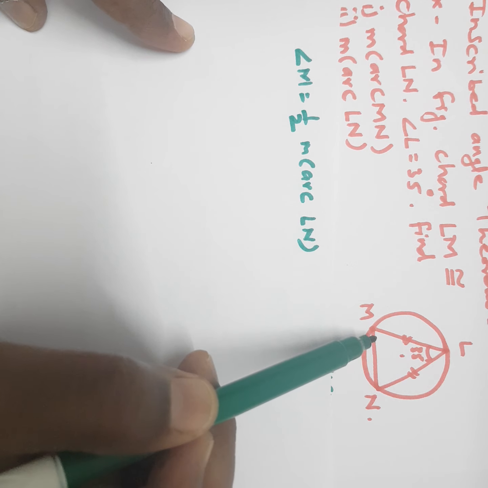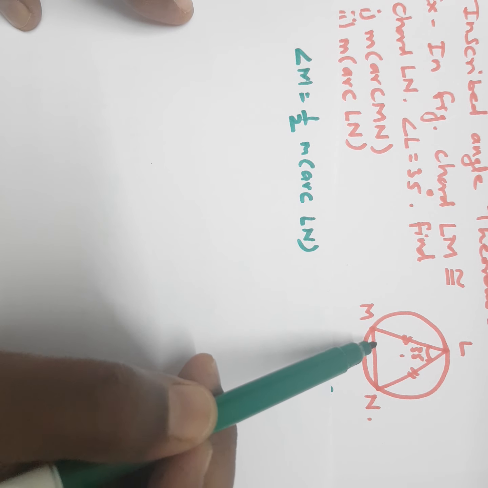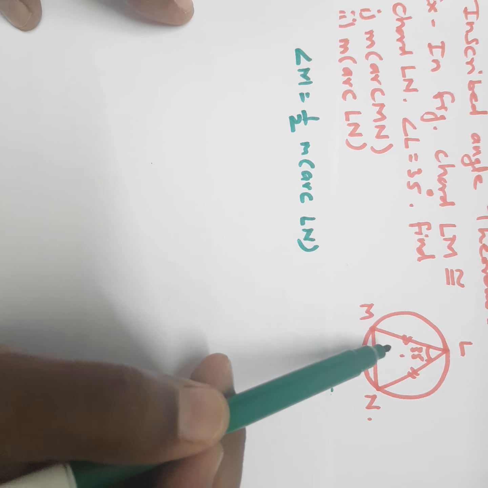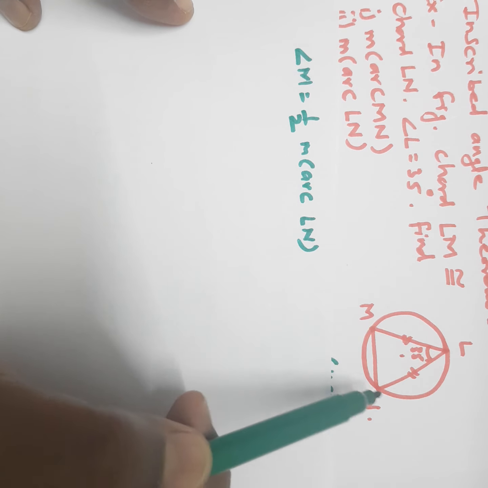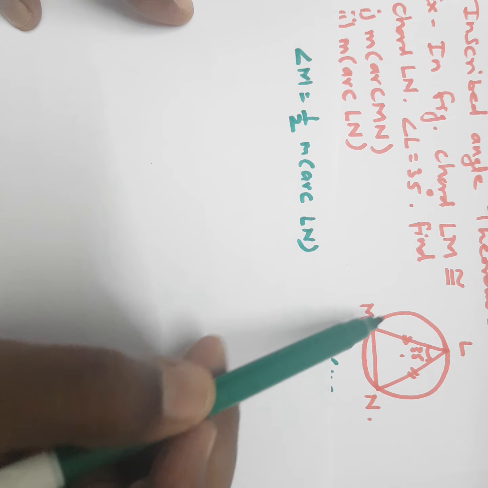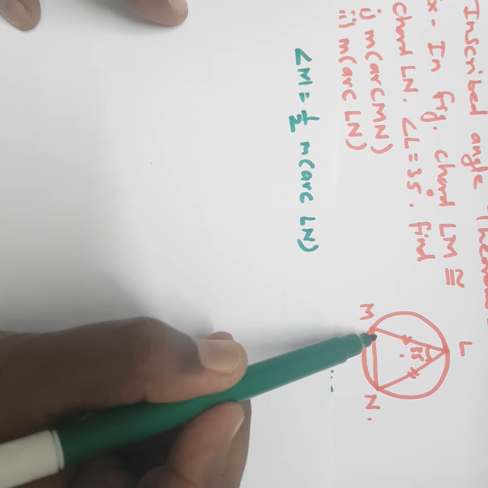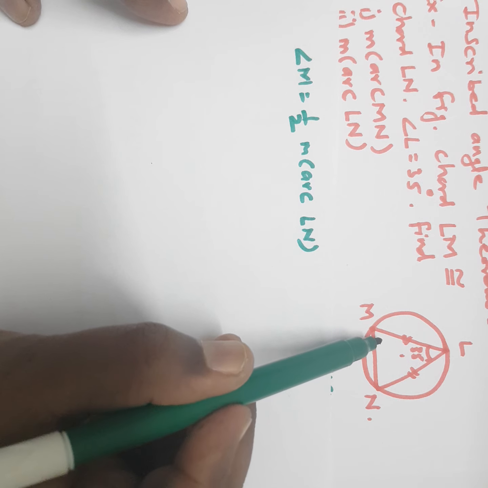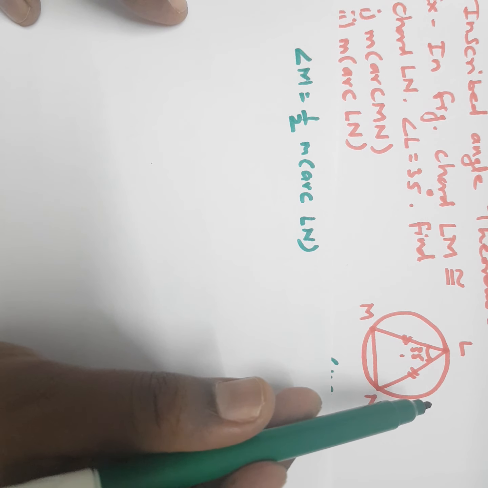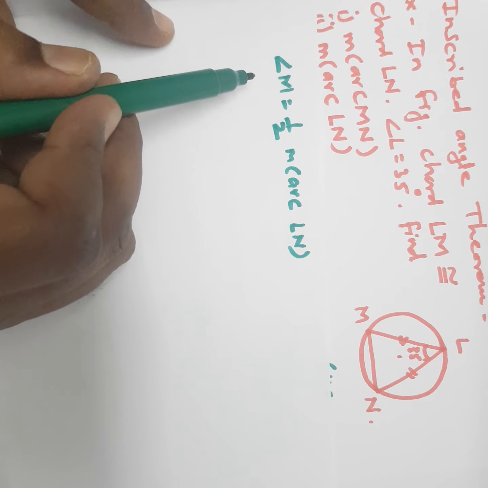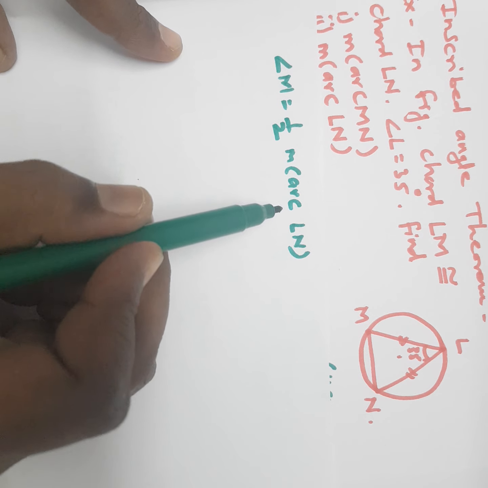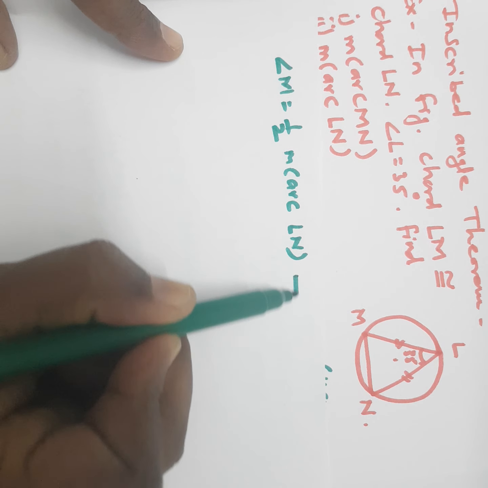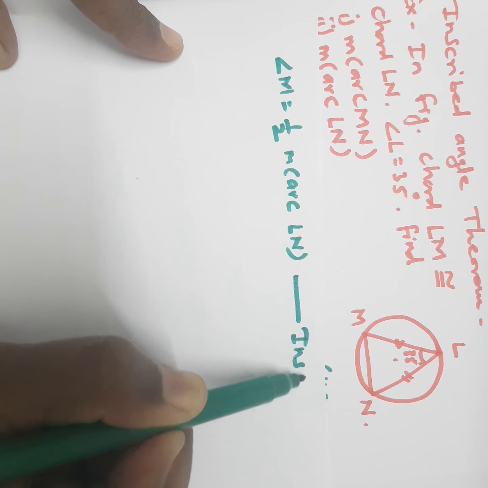Arc LN is the arc intercepted by angle M. Angle M is an angle inscribed in arc NML or LMN. Therefore it is an inscribed angle and its measure is half of its intercepted arc. Therefore angle M is equal to 1/2 arc LN, inscribed angle theorem.